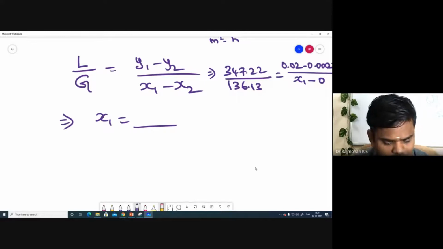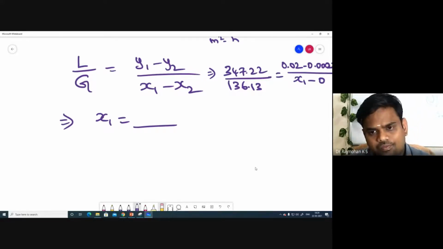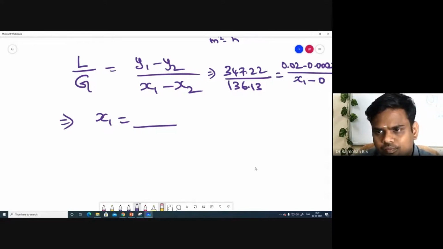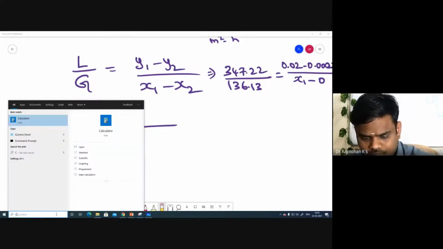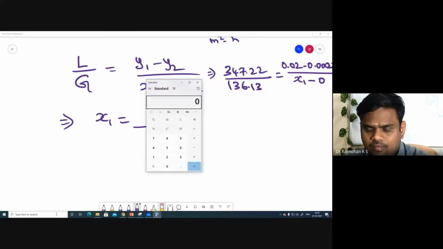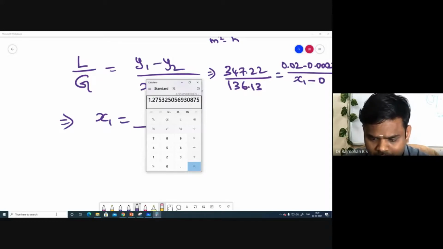Please do the calculation to get the x1 value. 347.22 divided by 136.13 is equal to 0.02 minus 0.002 divided by x1.